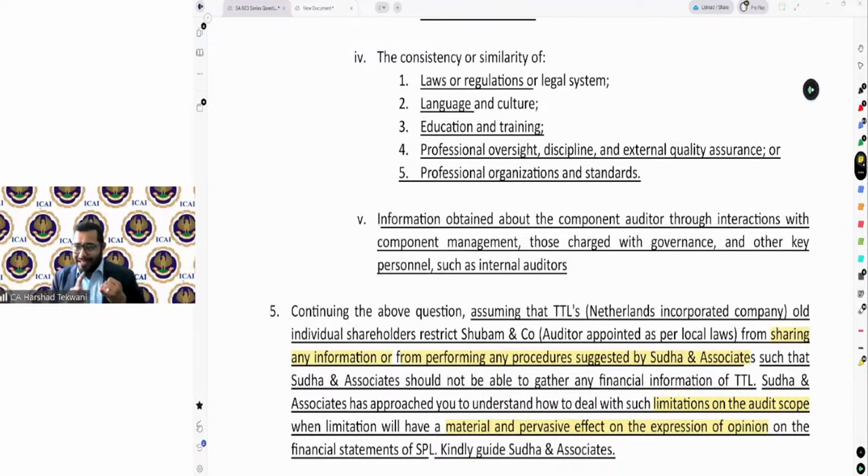They are not able to gather information, they are not able to perform any procedures, there is a limitation on the scope of audit, and the effect is material and pervasive on the whole financial statement.